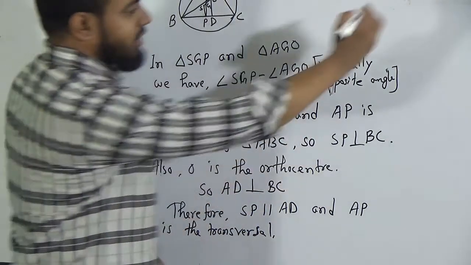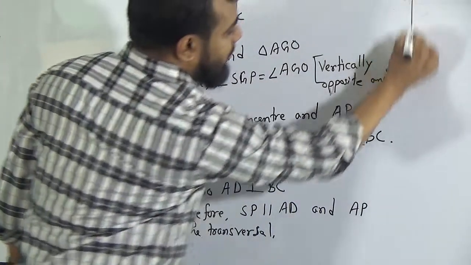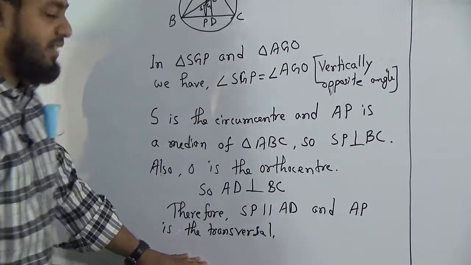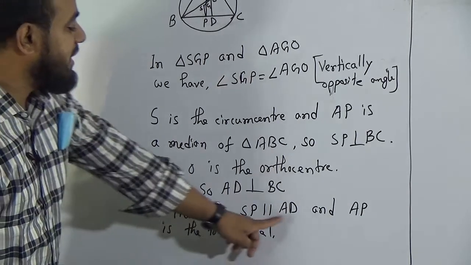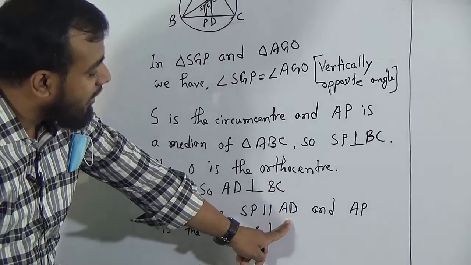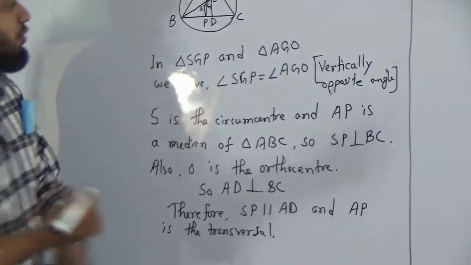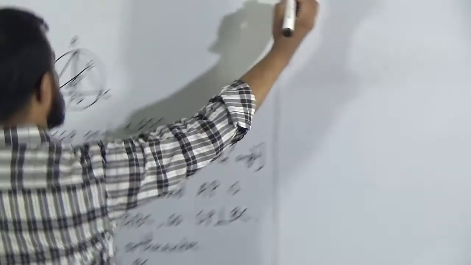So you can write down what? We can go to the right side top because I have no space in the bottom. Therefore, SP is the parallel line to the line AD, and AP is the transversal.